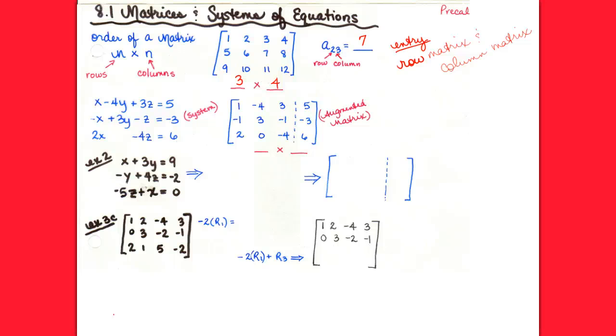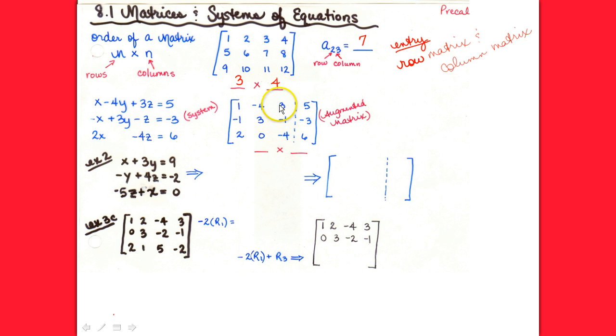Now, the way that we're going to use our matrices to help us solve our systems is we're going to take the system and write it in something called an augmented matrix. So here's a system of 3 equations with 3 unknowns, and here is its augmented matrix. And notice that all we do is drop the variables. So I can go through and say I've got 1x minus 4y plus 3z equals 5. So I'm going to keep the 1, negative 4, 3, and 5.